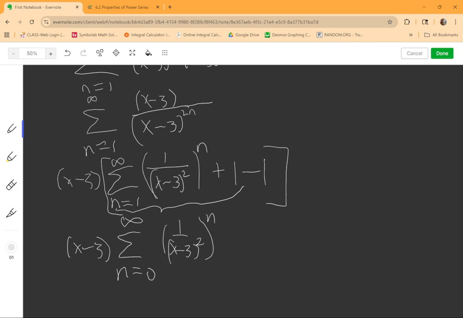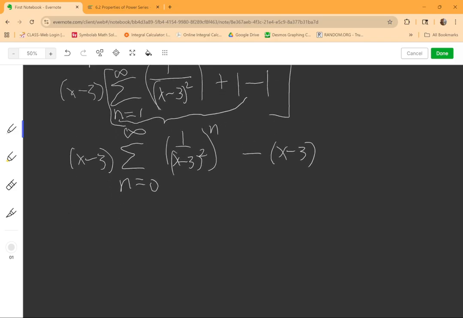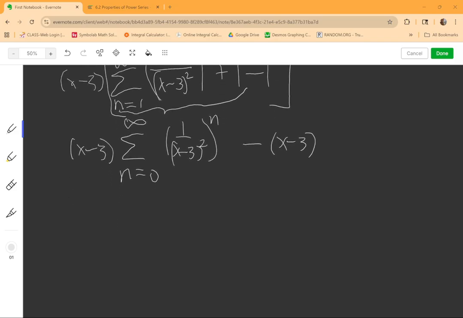I'm going to distribute that x minus 3, minus the quantity x minus 3. Okay, and now keeping it going here, this part is now my geometric series, which is just x minus 3 over 1 minus 1 over x minus 3 squared, and then minus the quantity x minus 3.